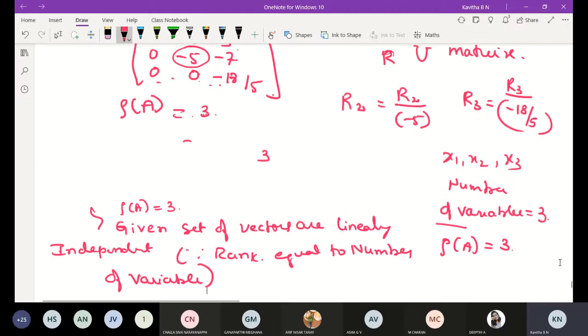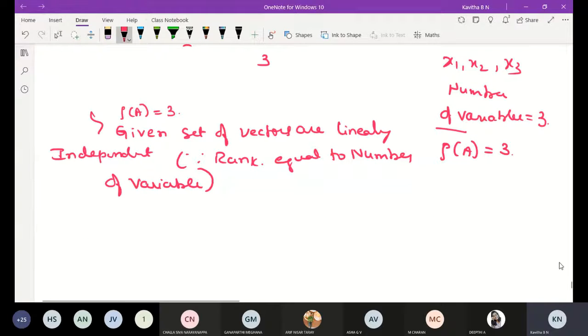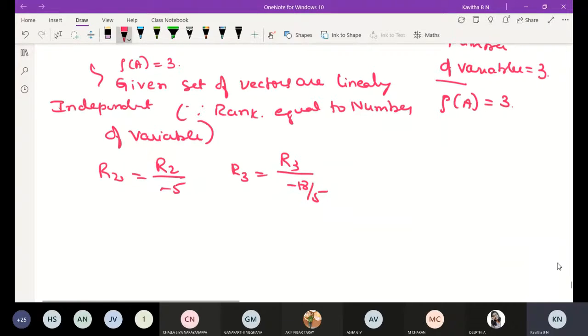Then apply this: R2 is equal to R2 by minus 5, and R3 is equal to R3 by minus 18 by 5. Then 1, 2, 3, 0, 1, 7 by 5, and 0, 0, 1.